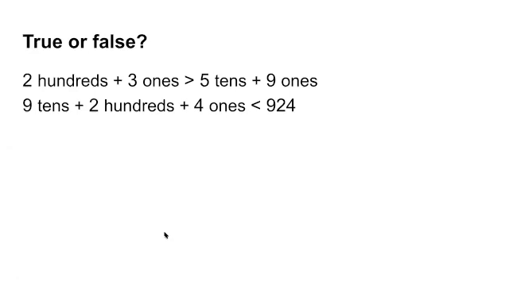So looking at this next number sentence, it gives us some number and words, and it gives us a number, but it is also a greater than or less than. And remember that greater than always points to the biggest number. So let's solve this number sentence.